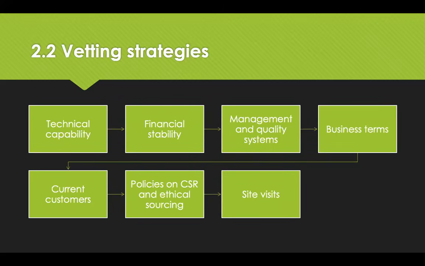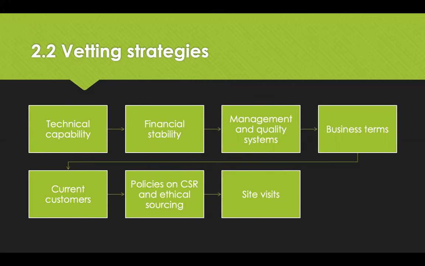We can look at their management and quality systems, such as do they have accreditations to ISO 9001, which is the quality management one, and 14001 for the environment. We can consider their business terms like payment, delivery, service levels, and their policy on returns. Look at their current customers.